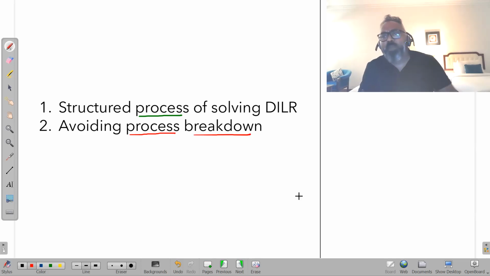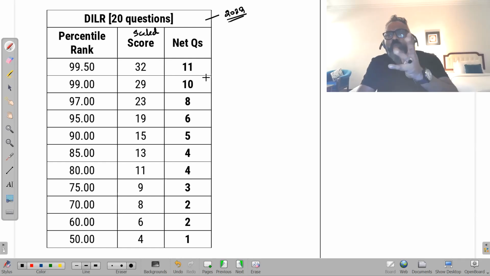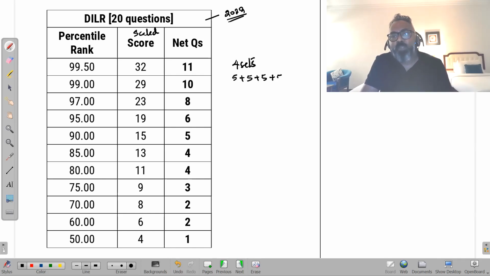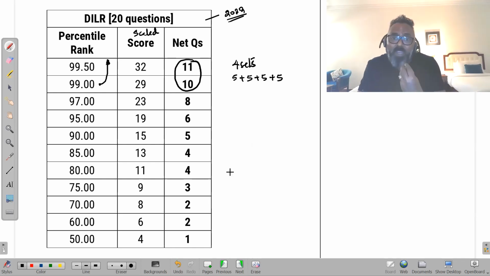Now, when I look at the DILR section of the CAT, this is the CAT 2022 story. This is the scaled score of 2022 against the net number of questions. At least last year you were given 4 sets, with 5 questions each. If you're crossing the 99 percentile and getting higher percentiles, that means you're able to solve a net 10 or 11 questions correctly.